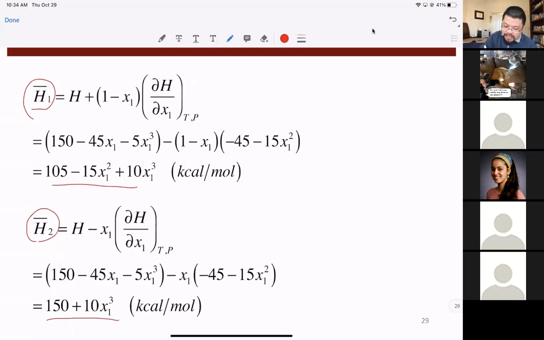You are right that if x2 goes to 0, we are going to have this h2 infinity of the partial. At the same condition, you have to use the expression of h1.